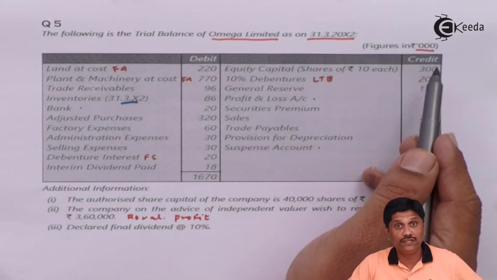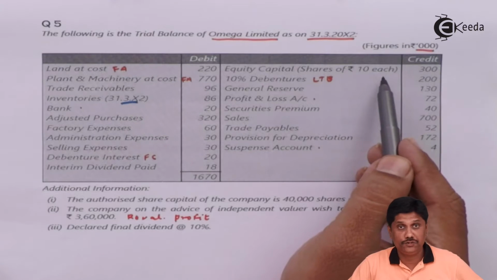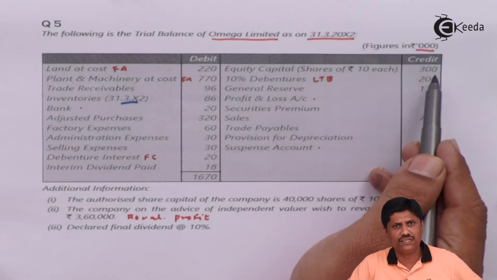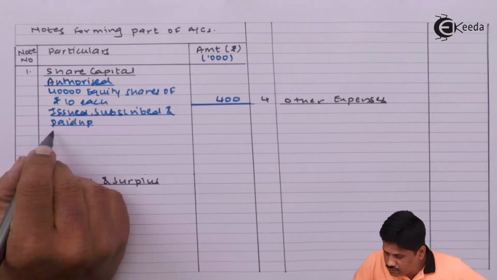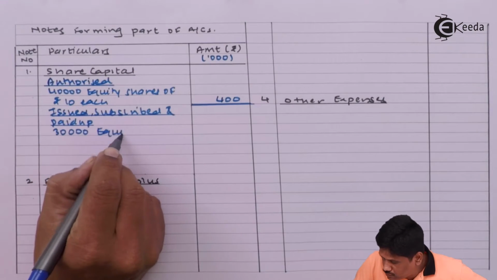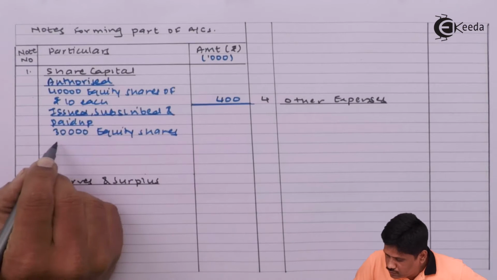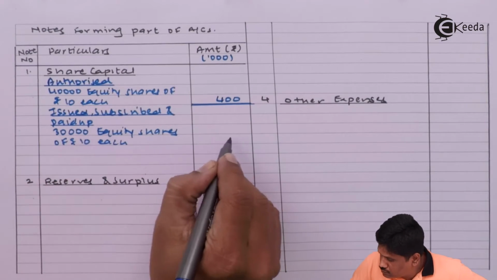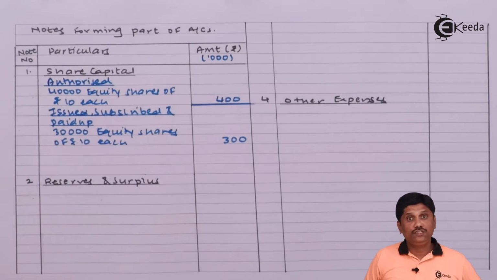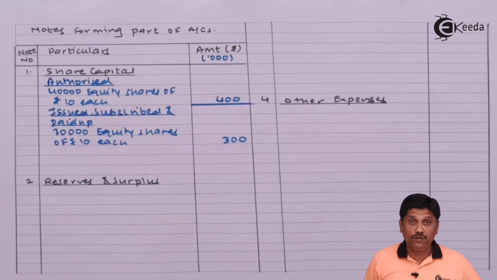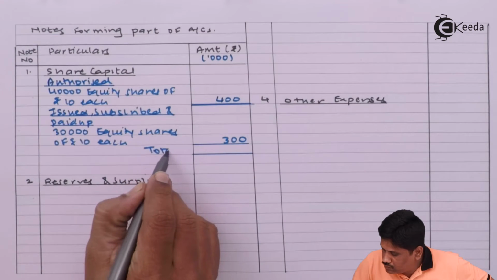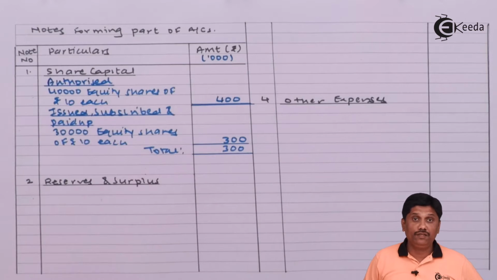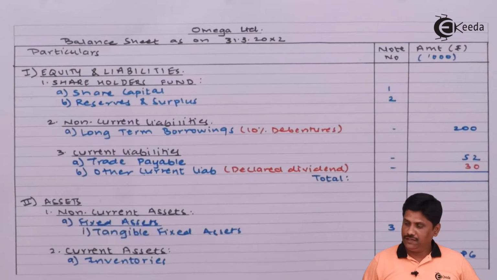So can I say 30,000 shares of rupees 10 each? That comes to 3 lakhs, that is 300,000. So I will note it down. That is the only amount in share capital. So one particular item is done. So share capital 300, we can even put it in the balance sheet now. In my balance sheet I am writing 300.